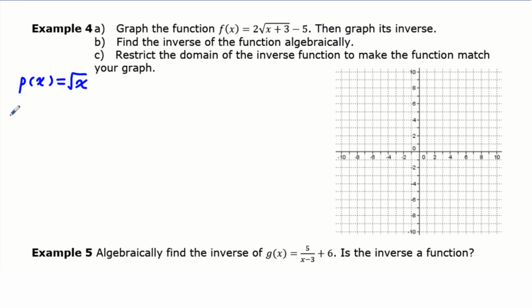Then we could rewrite f(x) in terms of the parent function. f(x) equals whatever input is under the square root, so it will be 2 times the square root of bracket x plus 3, then minus 5.